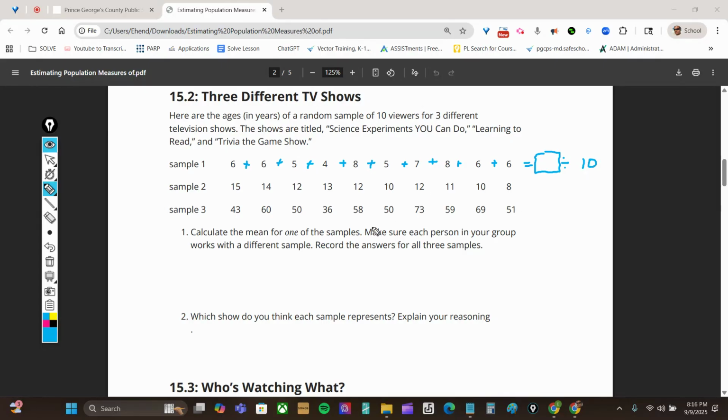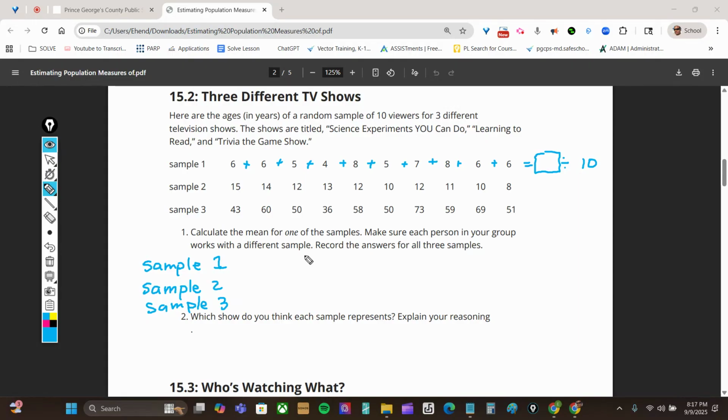And you're going to do that 3 times, for each sample. So let's do it like this: sample 1, sample 2, and sample 3.